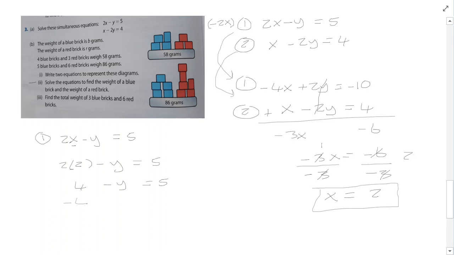If we minus 4 from here, we have to minus 4 on this side as well. So these will cancel out. Minus y is equal to 5 minus 4, which is just equal to 1.